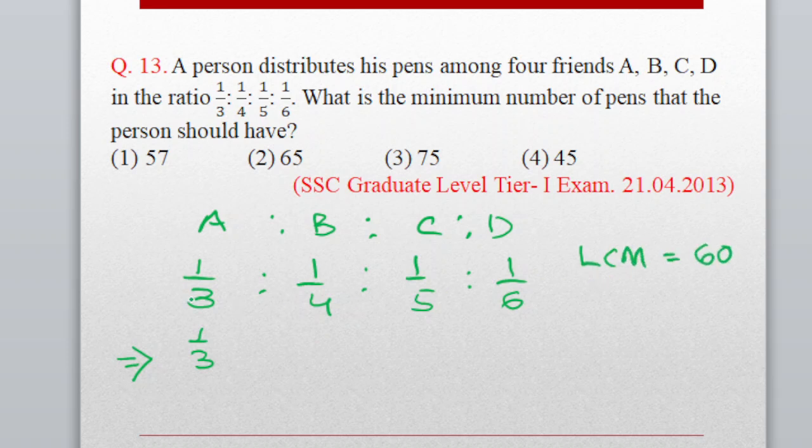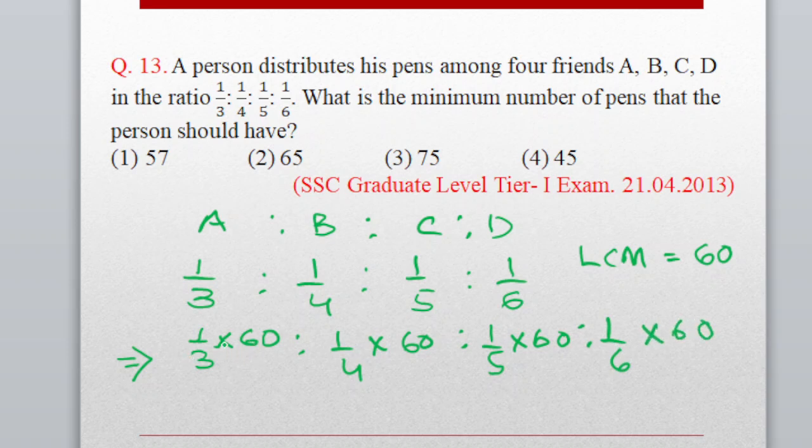So the LCM of 3, 4, 5 and 6 is equal to 60. Now I have to multiply 60 with each fraction. So 1 by 3 into 60 is to 1 by 4 into 60 is to 1 by 5 into 60 is to 1 by 6 into 60.